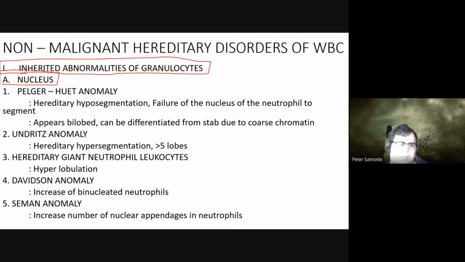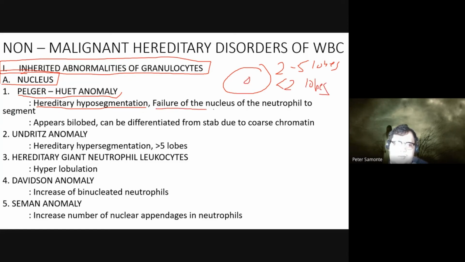The first one would be your Pelger-Huët anomaly. In your Pelger-Huët anomaly, you have hereditary hyposegmentation. So instead of having 2 to 5 lobes class, you would have less than 2 lobes. Pwedeng isa lang yan.